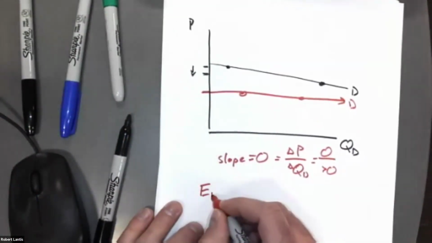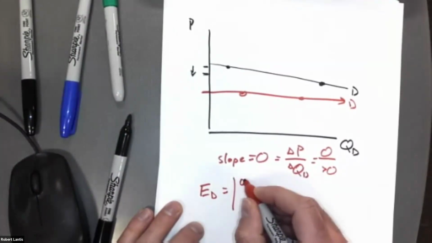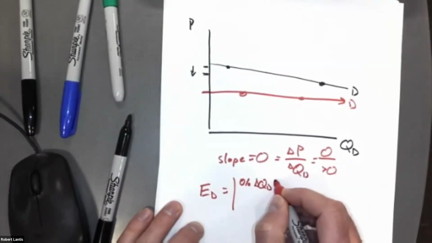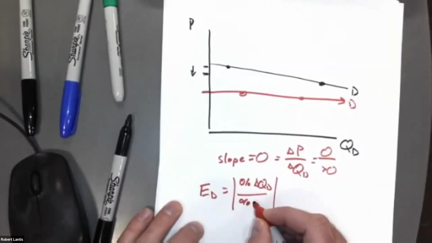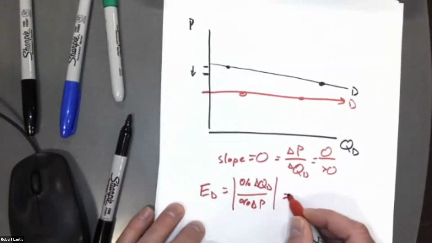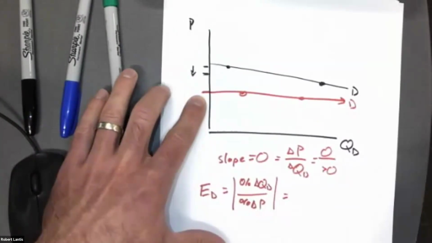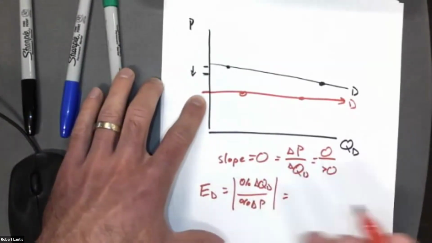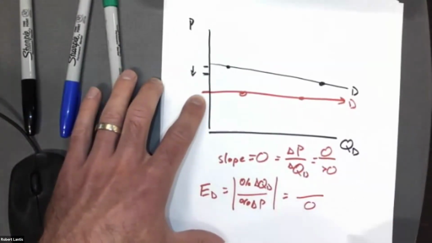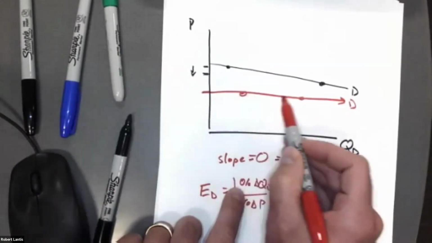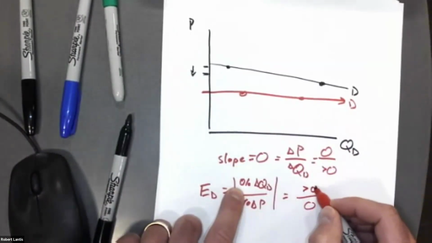But when we calculate the elasticity of demand, that's the percentage change in quantity demanded in the numerator over the percentage change in price. Once again, what's the change in my price? It's 0. So the percent change would also be 0, while people are still changing how much they buy, something greater than 0.